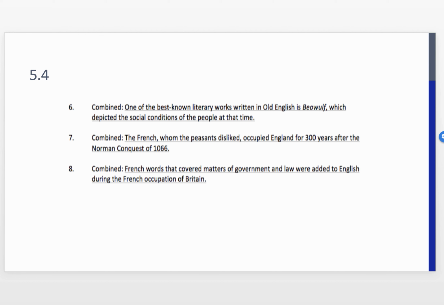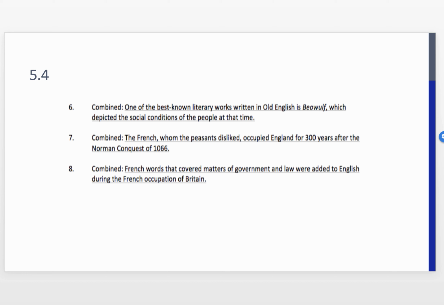The French, comma, whom the peasants disliked, comma, occupied England. So notice with these first two sentences that we are setting the adjective clause apart with a comma, because this is extra information. It is not essential information to identify the noun.